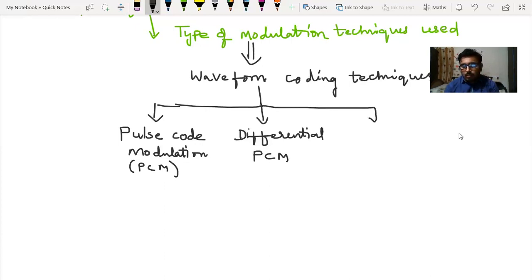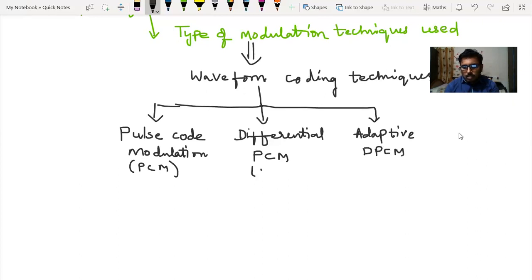The first is the pulse code modulation technique, the second is the differential pulse code modulation technique, and next we have adaptive differential PCM, that is adaptive DPCM, which we can simply write as ADPCM. That is the third technique, adaptive differential pulse code modulation.